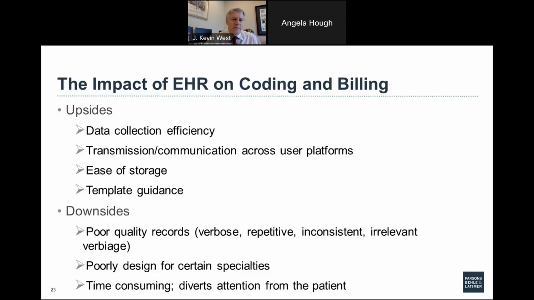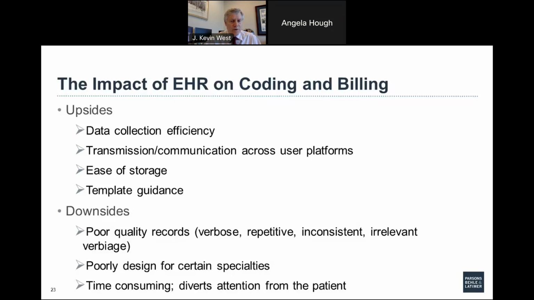Those downsides are serious in terms of the generation of poor quality and really just junk records that are very verbose, repetitive, inconsistent, filled with irrelevant information, and that carry forward information from prior visits that doesn't apply to the current visit. We just see in today's world a lot of really bad medical records.